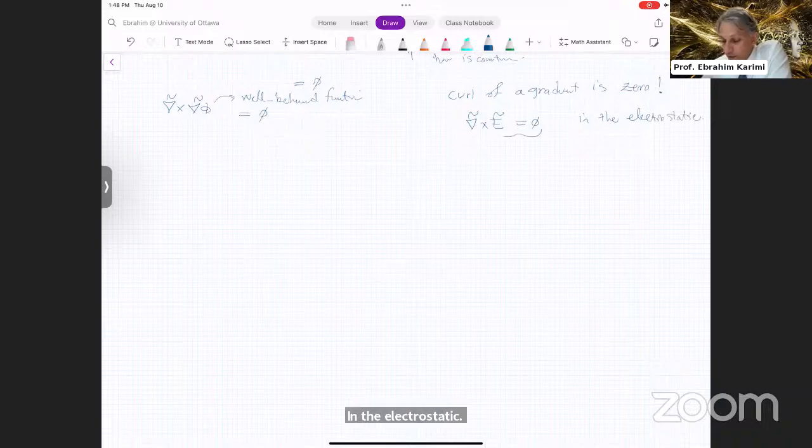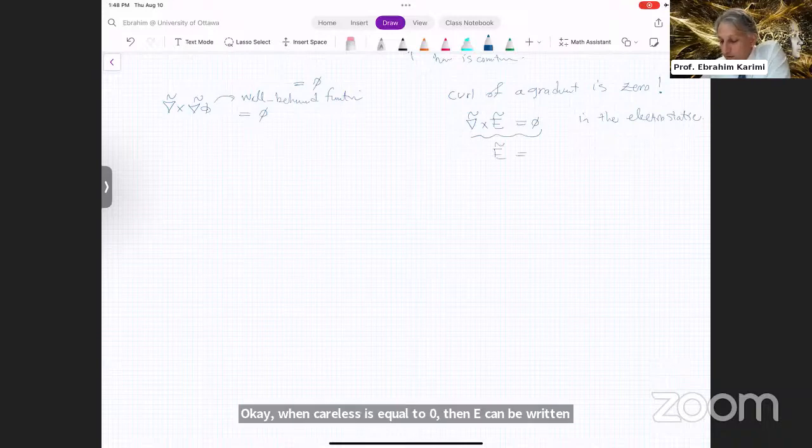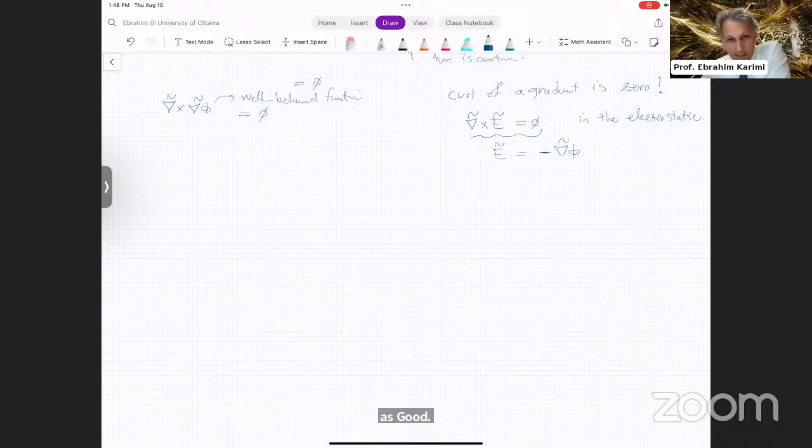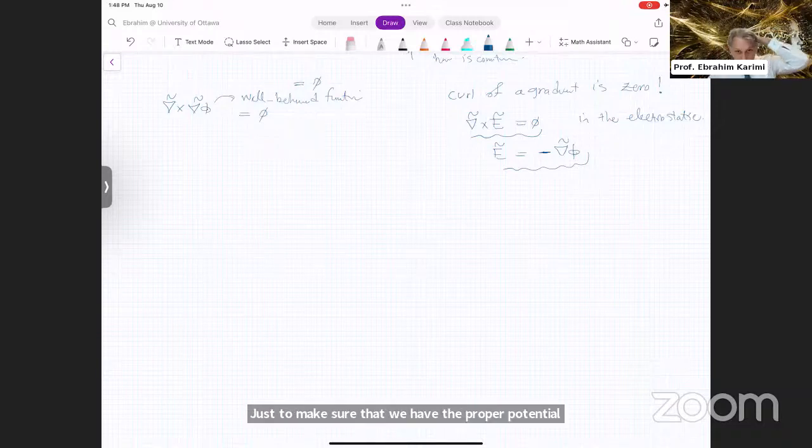Okay. When curl of E is equal to 0, then E can be written as the gradient of a scalar. We'll put a minus sign here just to make sure that we have the proper potential definition.